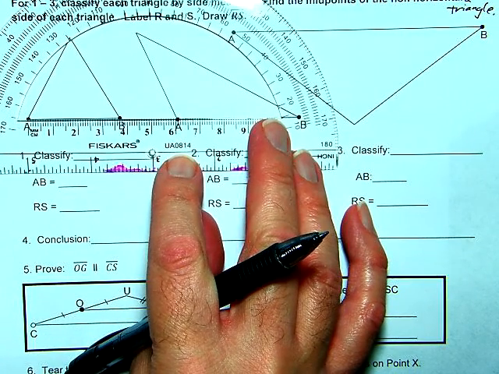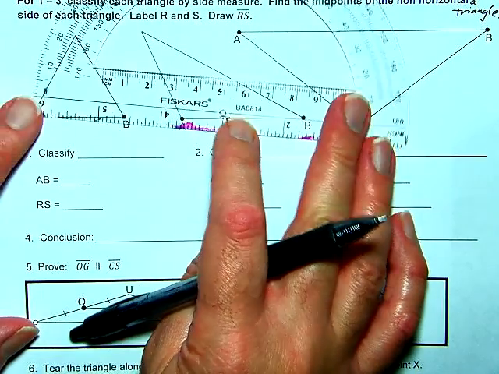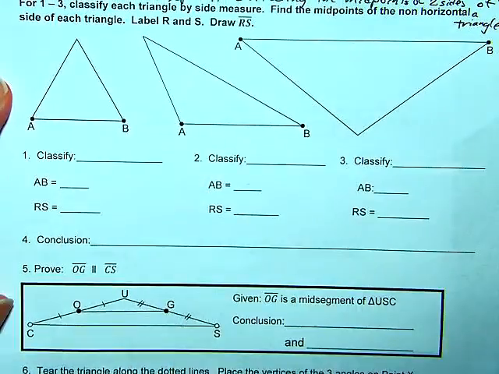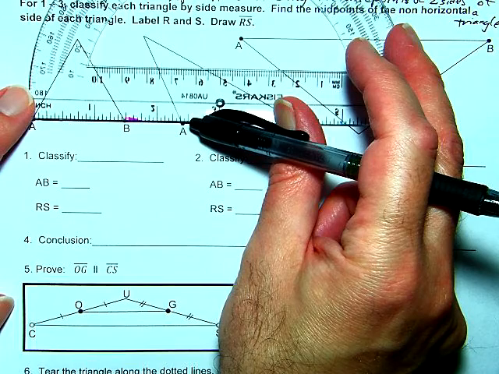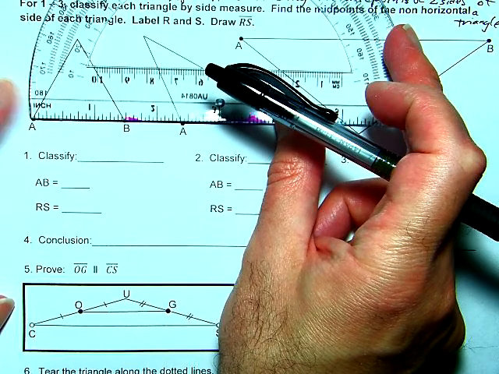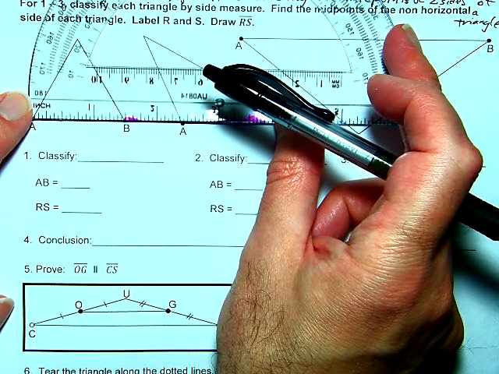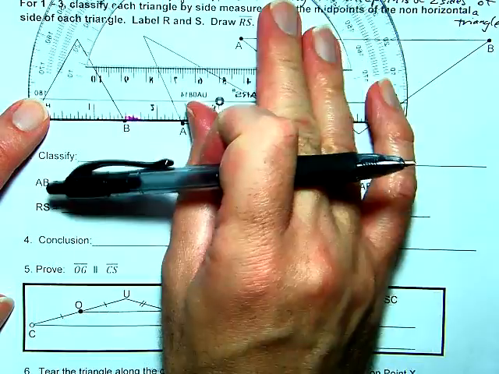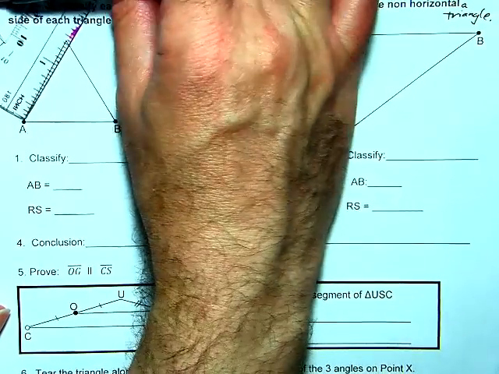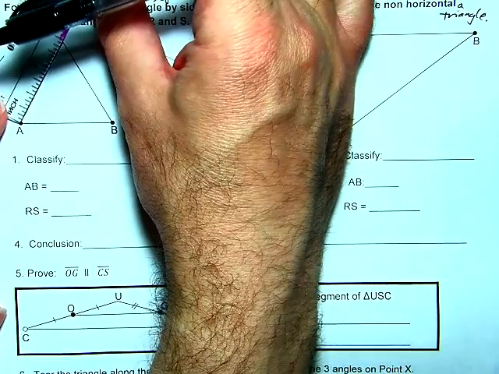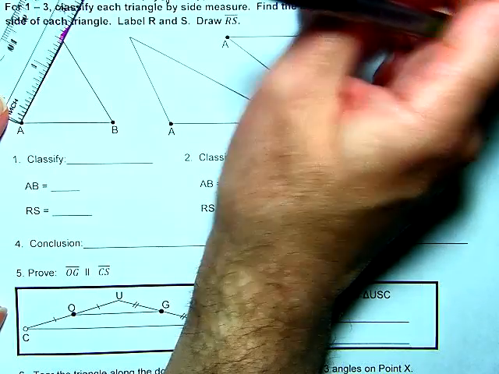I'm going to measure the length of the side AB. Now in this case, let's see if inches would give us a better even amount. Okay, this is just about 1.5 inches, just a wee bit larger than 1.5 inches, the length of side AB. Let's look at the leftmost side of this triangle, and we see once again it's just a wee bit less than 1.5 inches.